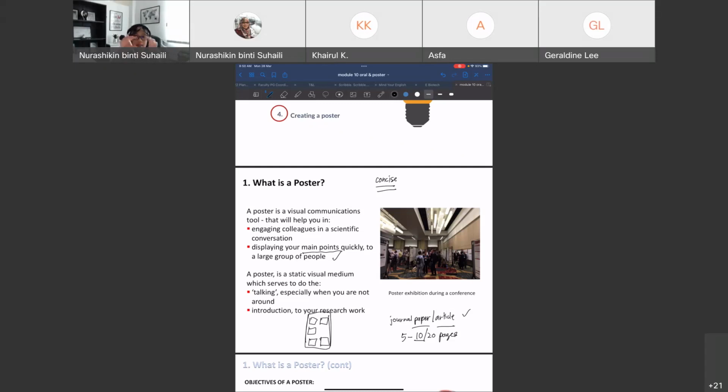Meaning every section of it, like methods, you just have to put in a very brief manner, right? So it's not as detailed as a journal paper or article, but the aim is to introduce your work to people.